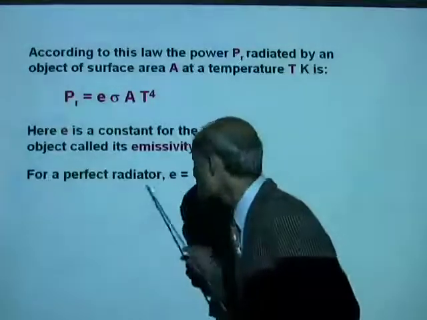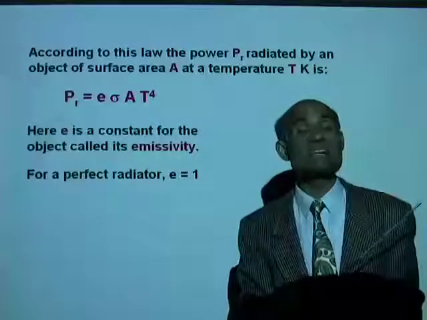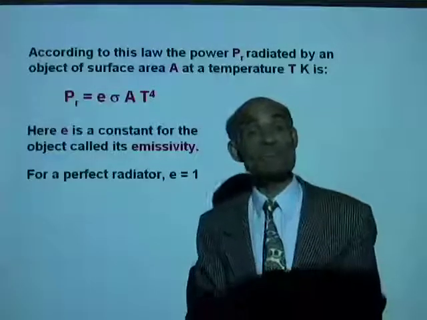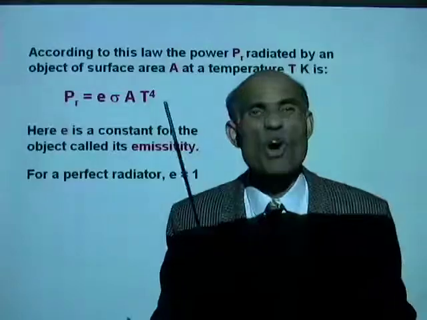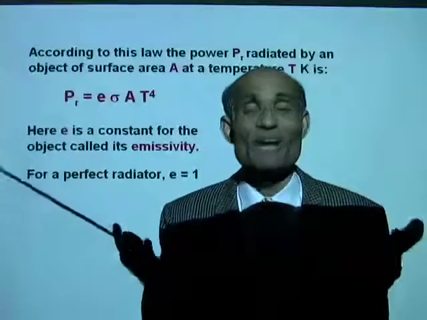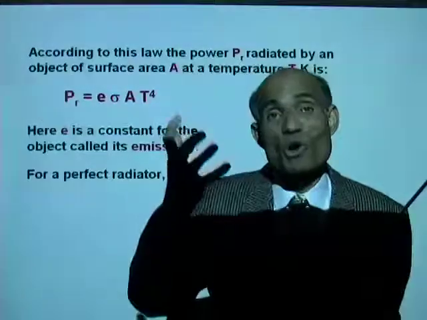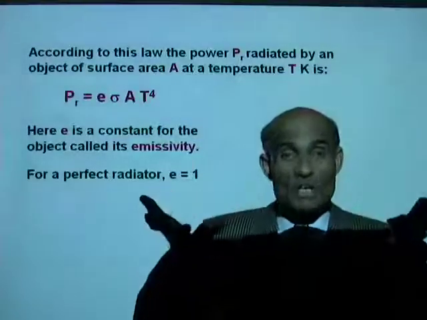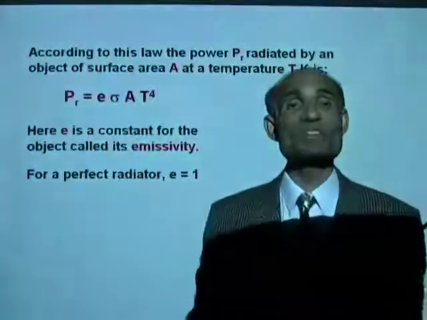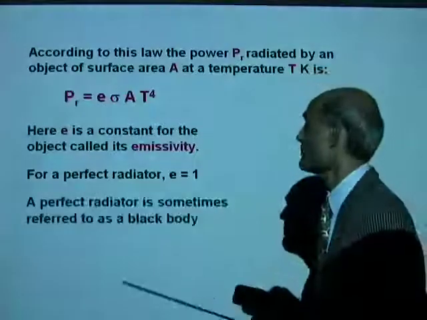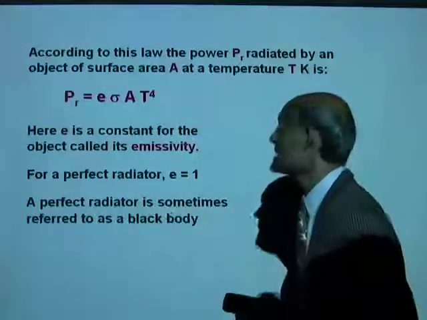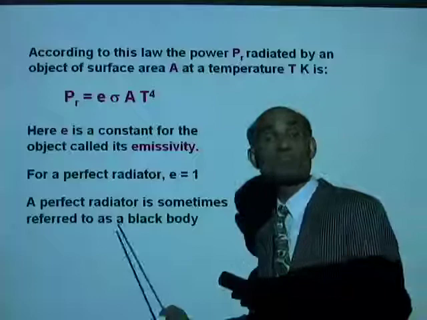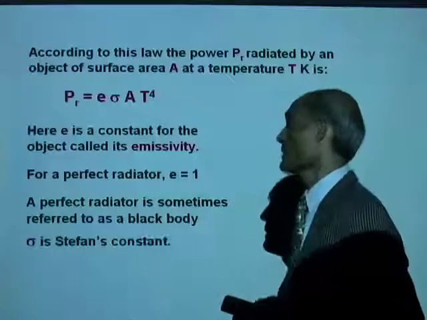For a perfect radiator, E has a value 1. And actually, a perfect radiator is called a black body. A black body absorbs all the radiation that falls on it, and it emits maximum radiation at any temperature. A perfect radiator is sometimes referred to as a black body.